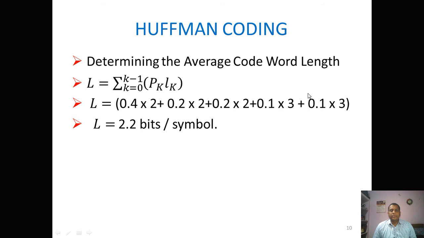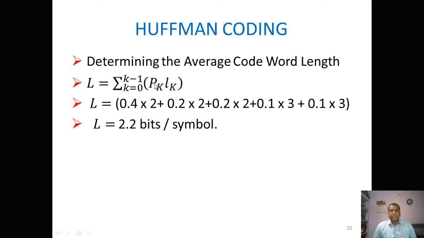Next we will determine how to find the average code word length, capital L. The basic formula used here is the summation of k equals 0 to K minus 1. As we know, the value of K is 5, so we start from 0 and end with 4.